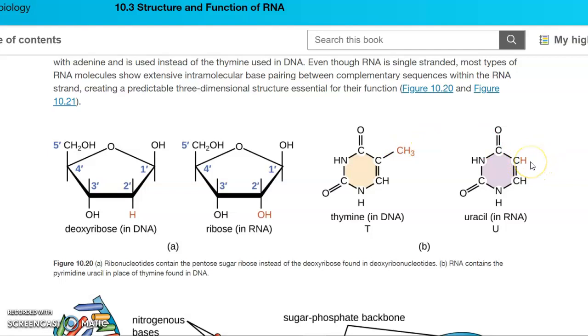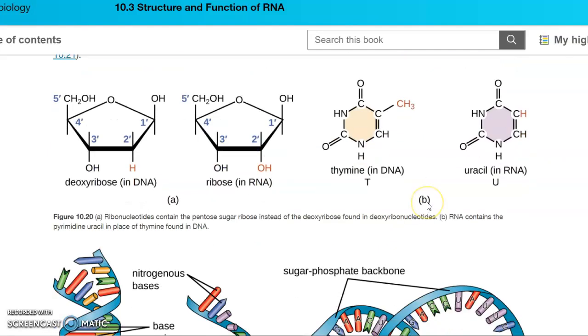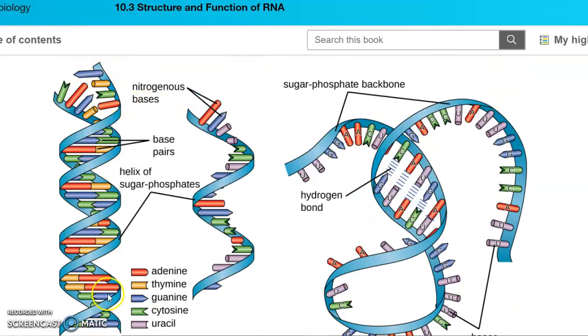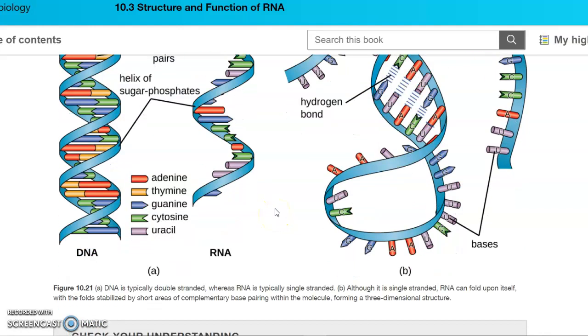The other difference is that DNA is double-stranded, and RNA is single-stranded. They still have the sugar phosphate backbone. We still have the nitrogenous bases in the middle, but RNA is going to exist typically as a single-stranded molecule.